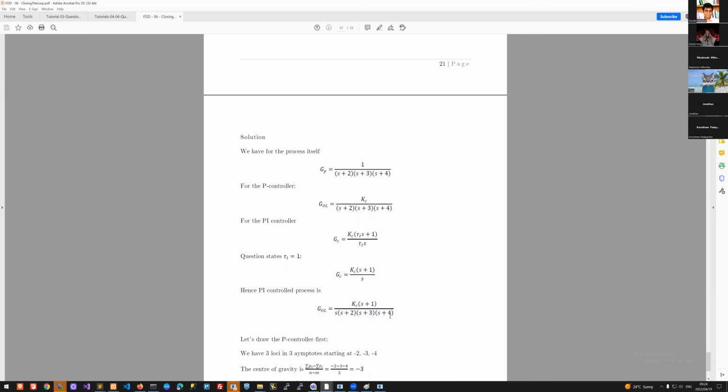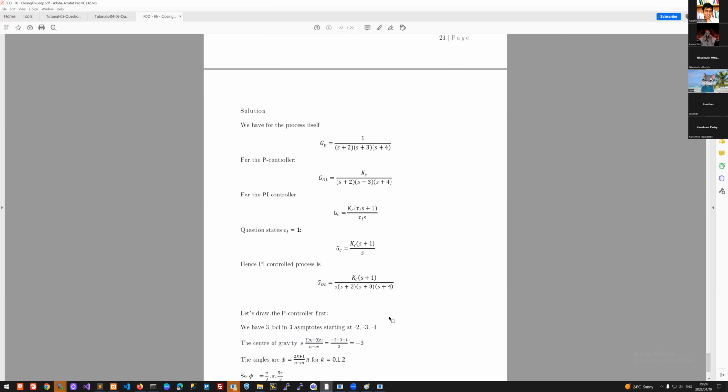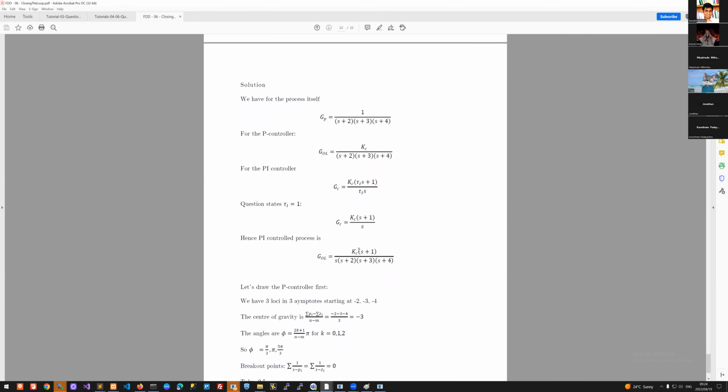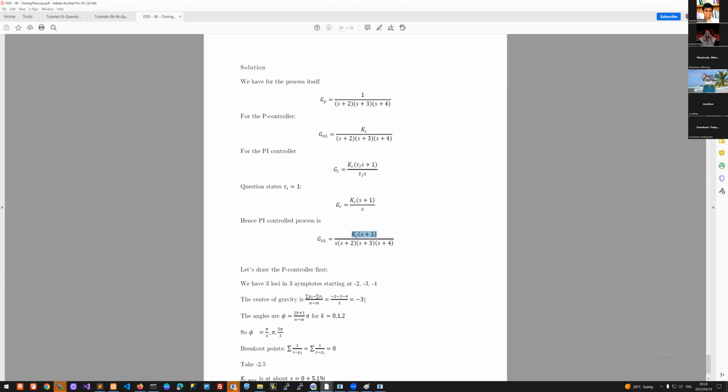So here we have 4 poles, right? 0 is 1 pole, -2, -3, -4. So we have 4 poles here. And then we have an S plus 1 in the numerator. So 4 minus 1 is 3. So we have 3 loci, and so there are 3 roots that we have to pursue.